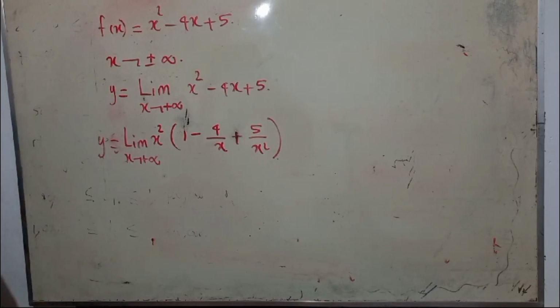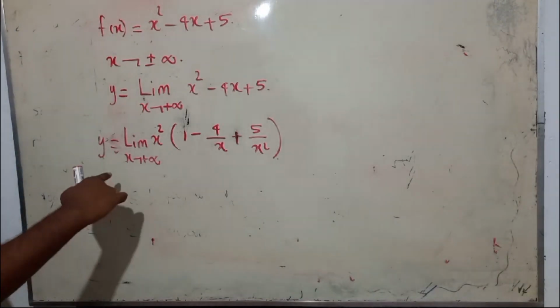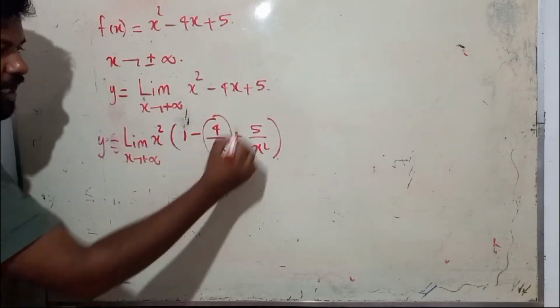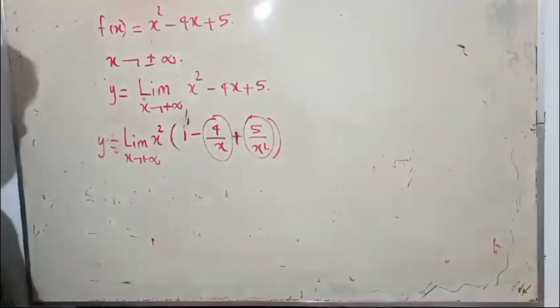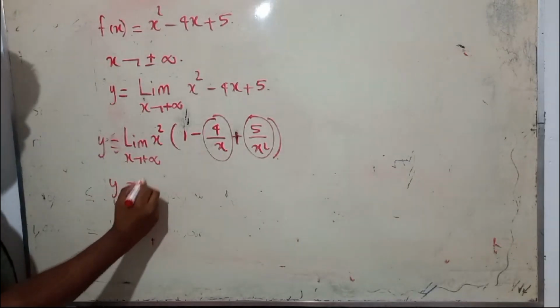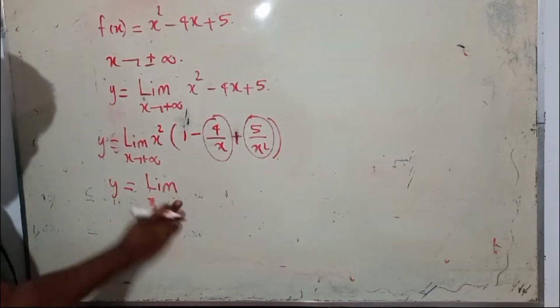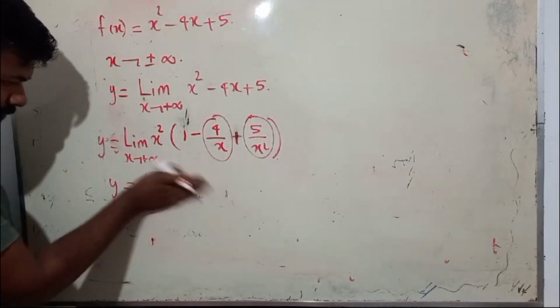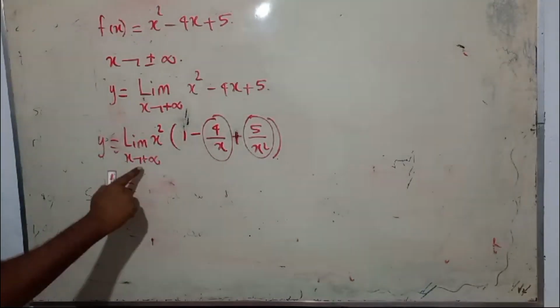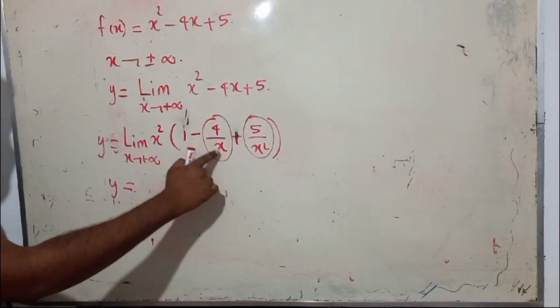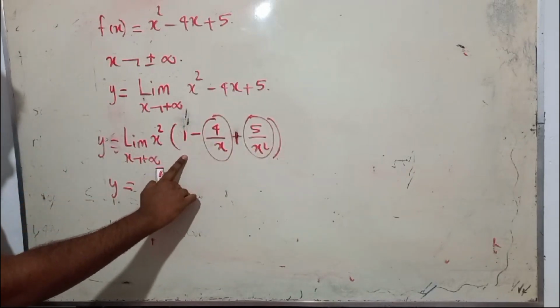Now you can substitute. If you substitute positive infinity here, this will become 0, and this will also become 0. So 1 minus 0 plus 0, it's going to be 1.